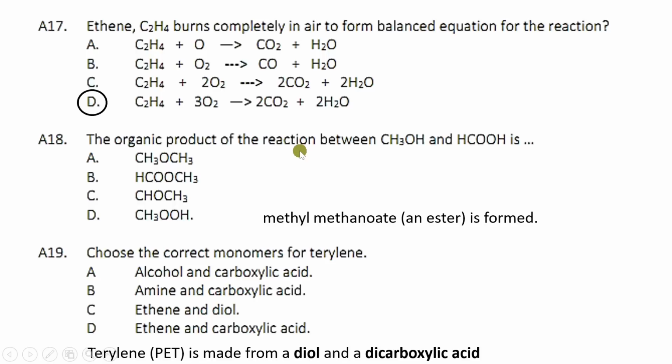And such an ester is known as... the name of an ester comes from the name of the alcohol. So this alcohol is methanol. And this acid is methanoic acid.